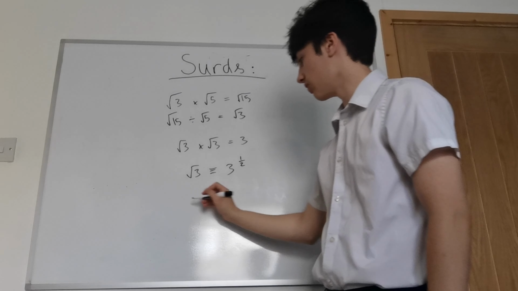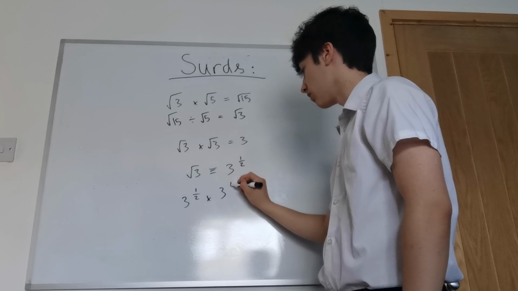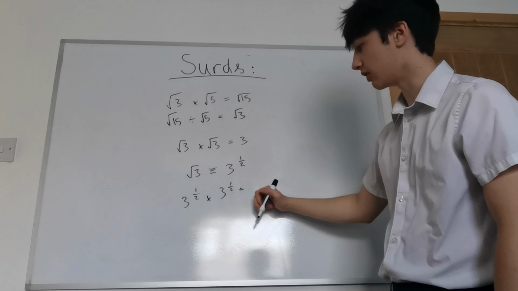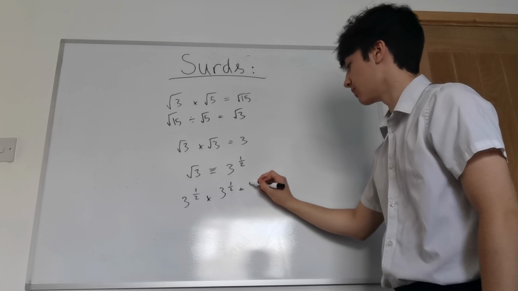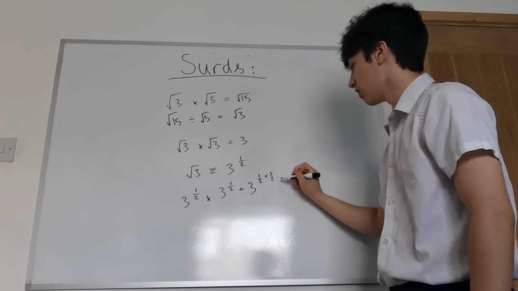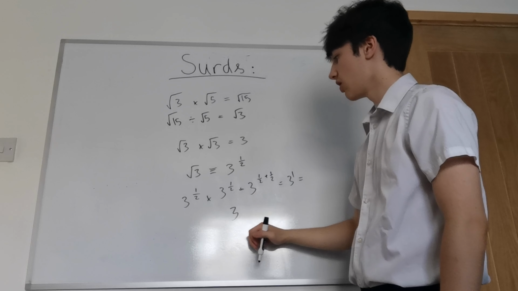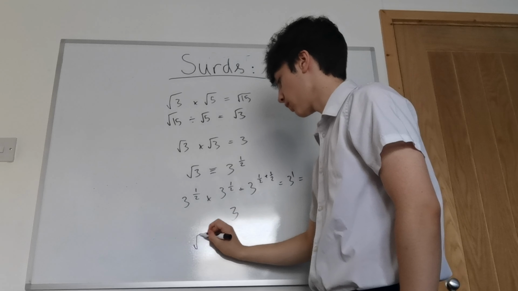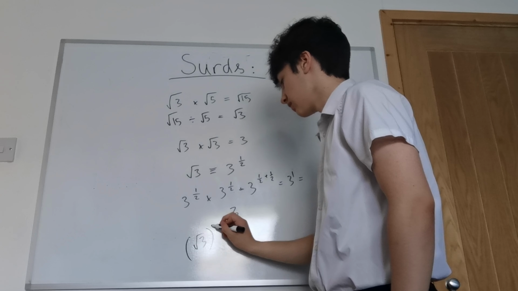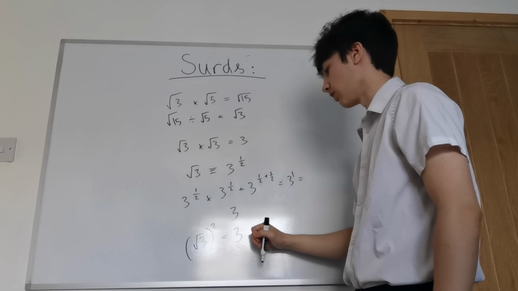So if I do 3 to the half times 3 to the half, if we follow indices laws, we know that it will be equal to 3 to the power of a half plus a half, which is 3 to the 1, which is 3. So if you square a root sign, you will get just the base number without the root sign.